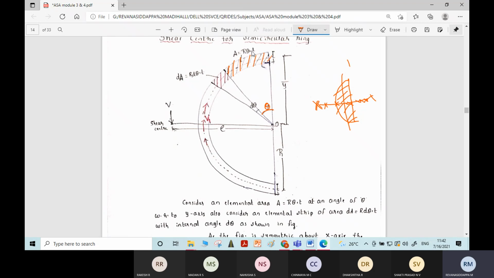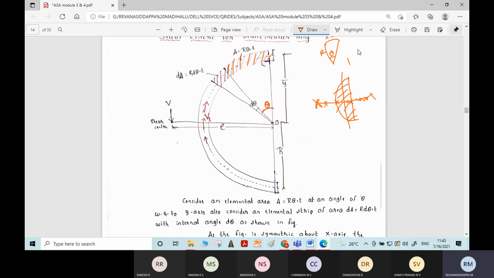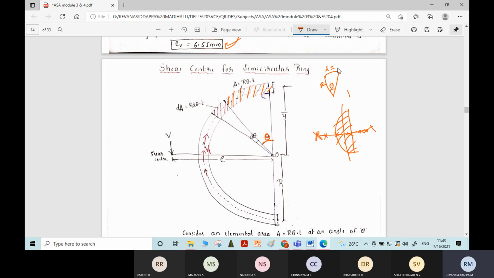How has this expression come? The length of the curve is given by r into theta, radius multiplied by included angle. R theta gives the length, multiplied by the corresponding thickness gives the area of the shaded portion.